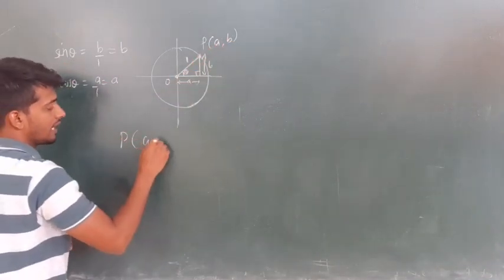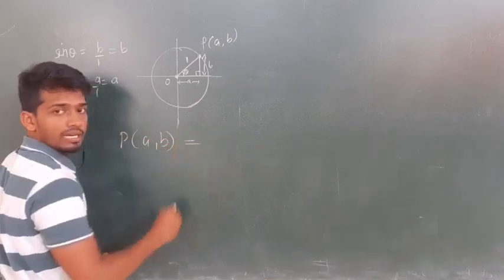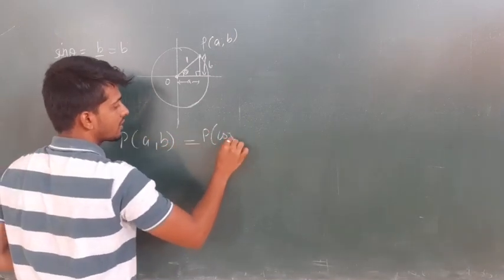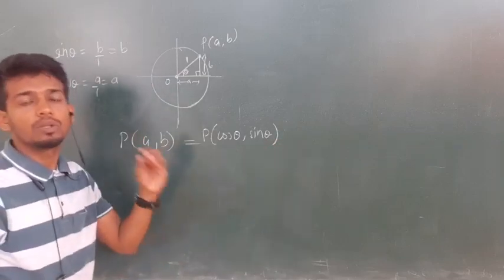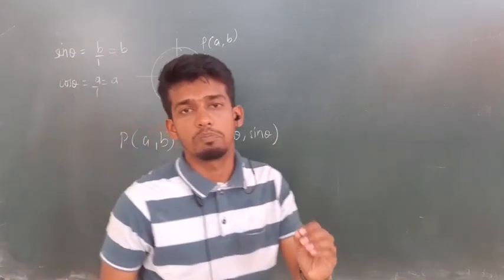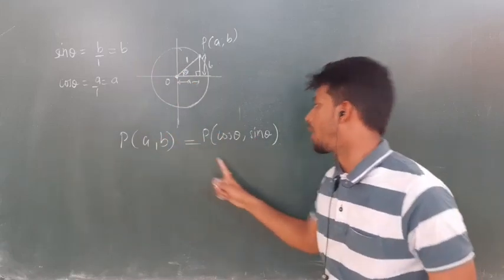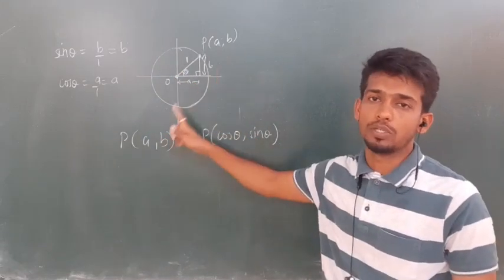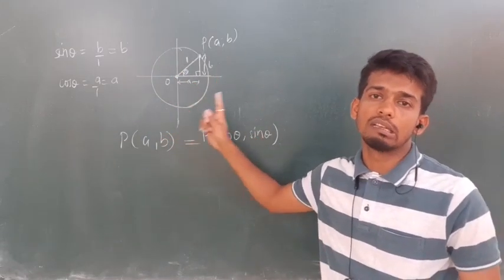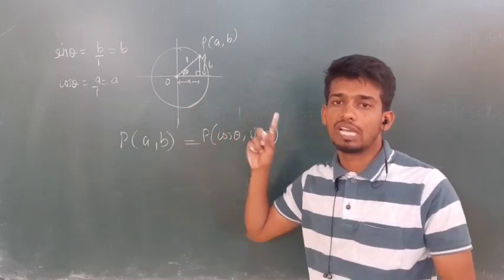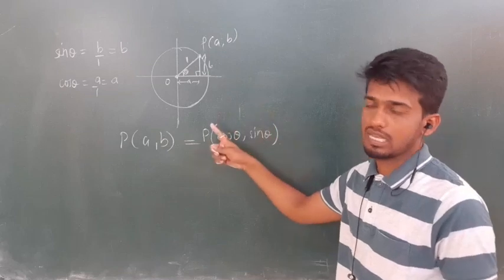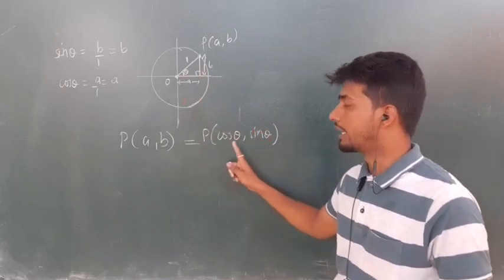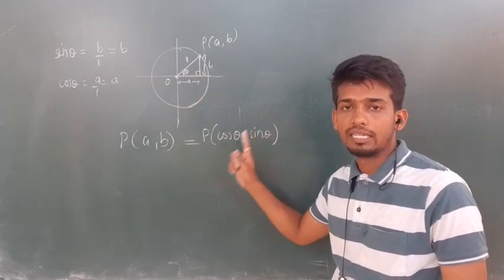So this point a comma b can also be written as P of cos theta comma sin theta. This is how we express the coordinates of points in terms of trigonometric ratios using a unit circle. The unit circle is a very important concept which helps us find the coordinates of a point in any case. Whenever this angle is known, we can get the coordinates of any given point.